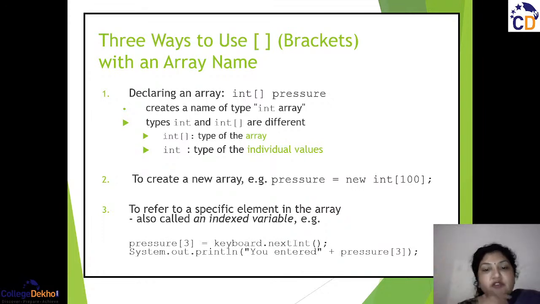Suppose we have taken some value as input from the user, and using the Java printing command, we are printing the values on the screen. Now, what is this pressure 3? The value in the array at that index is going to be printed on the screen.